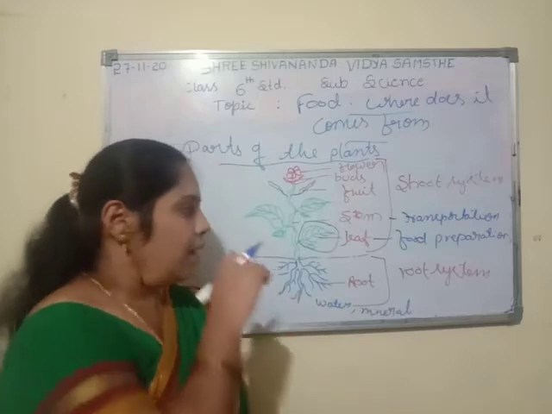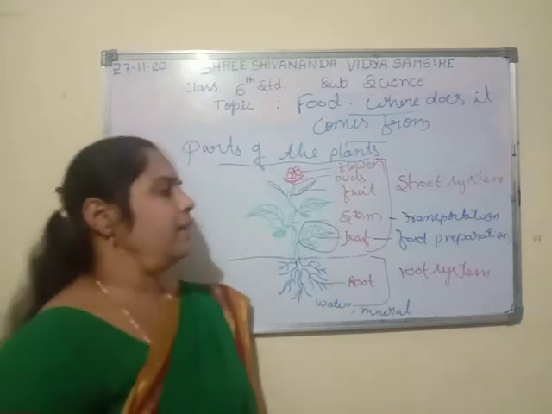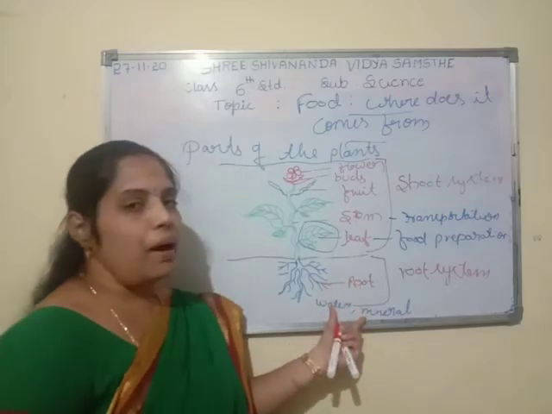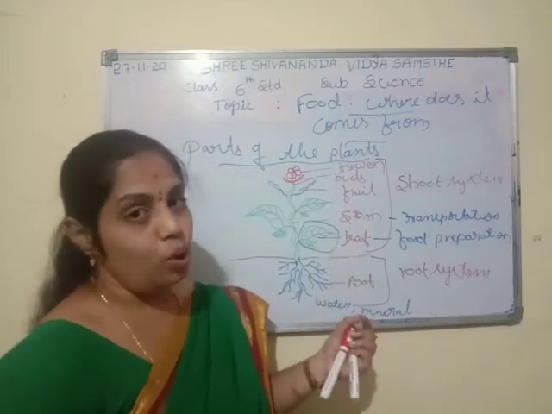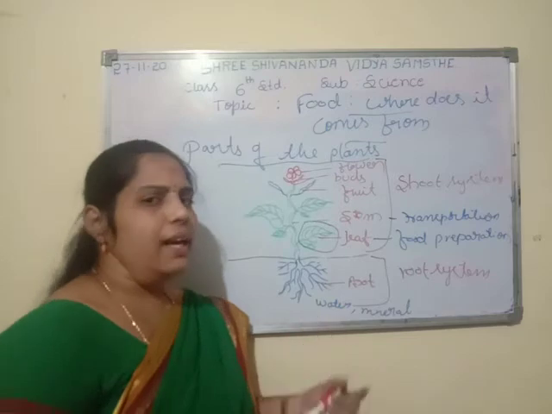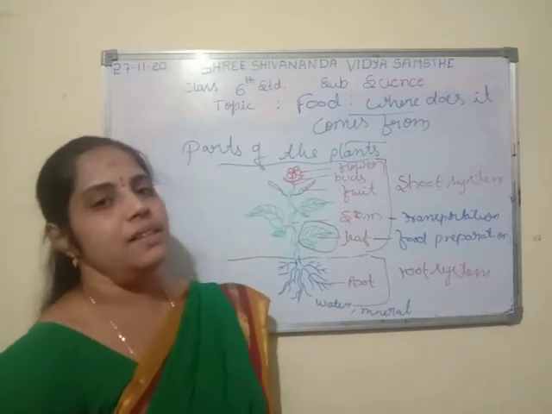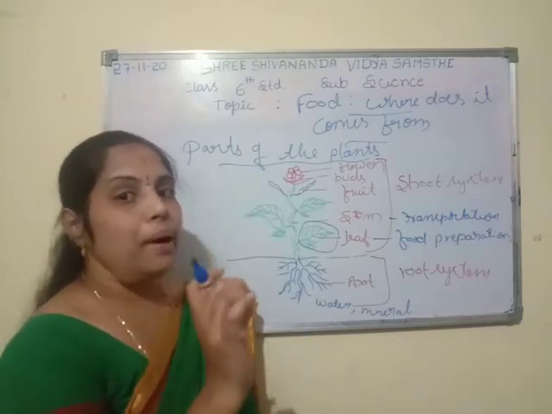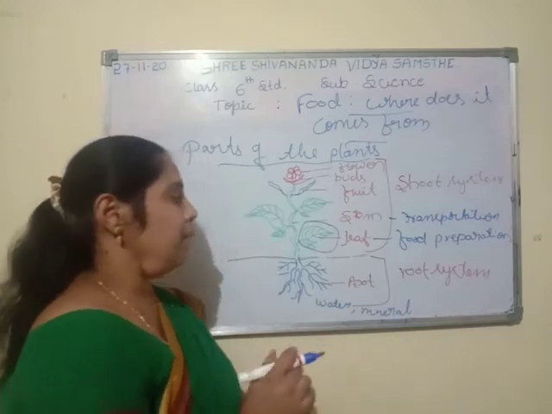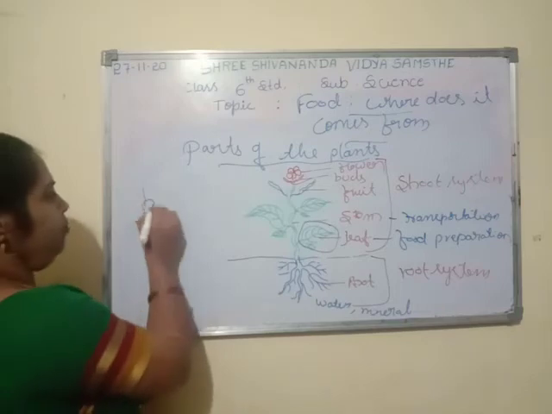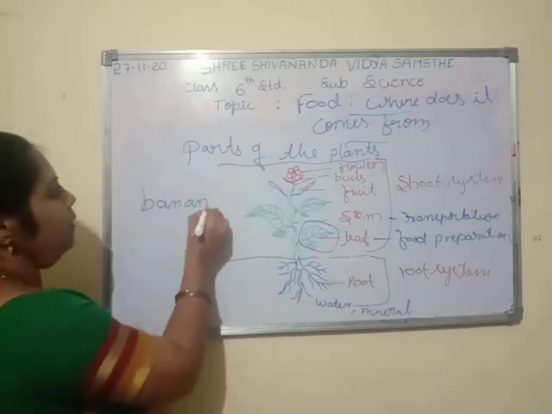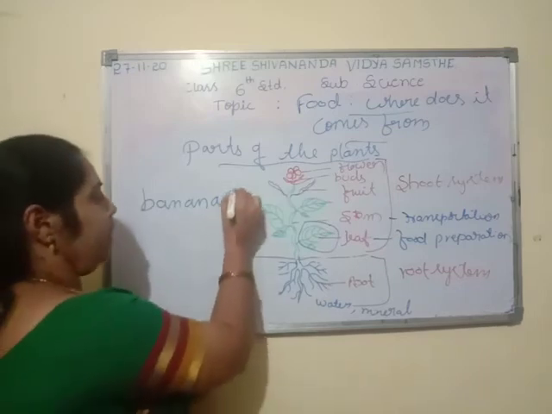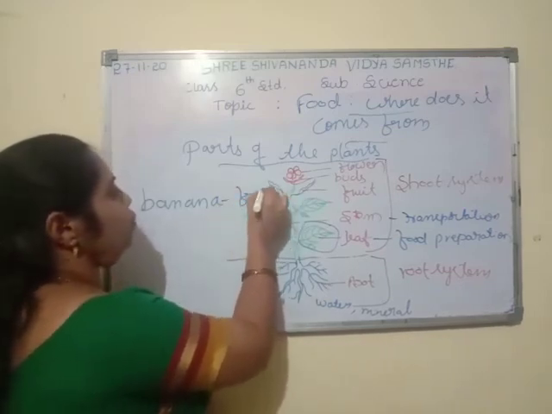Here the very important thing we should keep in mind is the stored part of the food. In different kinds of plants we can see different parts where the food is stored. For example, in the banana plant, the food is stored in the form of fruit.